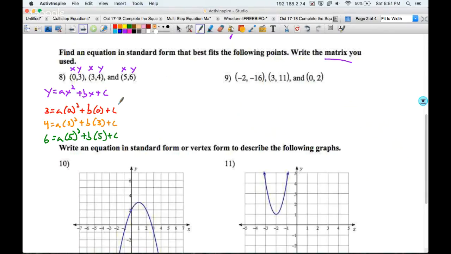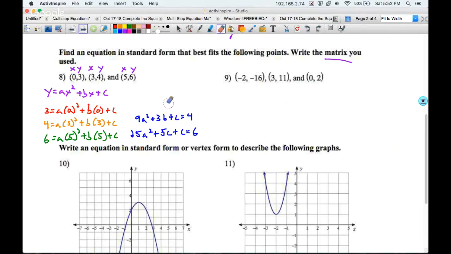Let's simplify those coefficients and rewrite it with our constants on the right-hand side. So this would become c equals 3, 9a plus 3b plus c equals 4, and 25a plus 5b plus c equals 6.